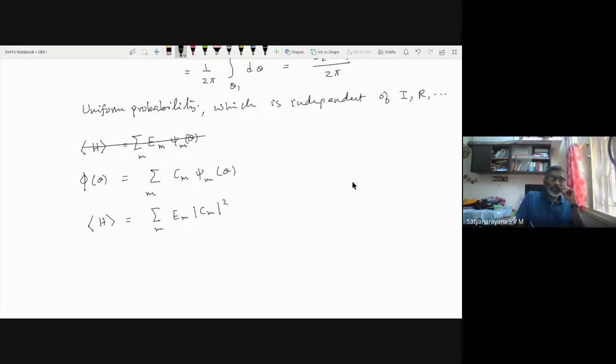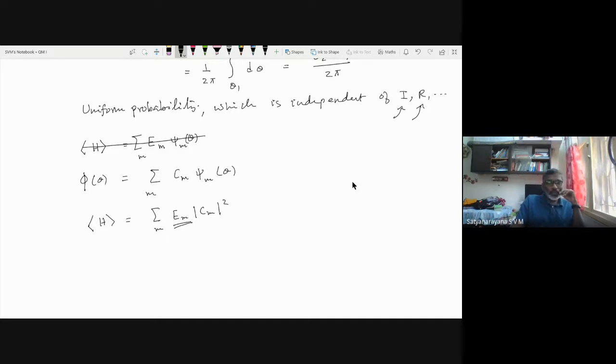So in this Em, your physical quantities like I or R will be there in this energy eigenvalue. Similarly, for any physical observable, all these physical quantities will appear in that one. It does not in general appear in the probability, correct?